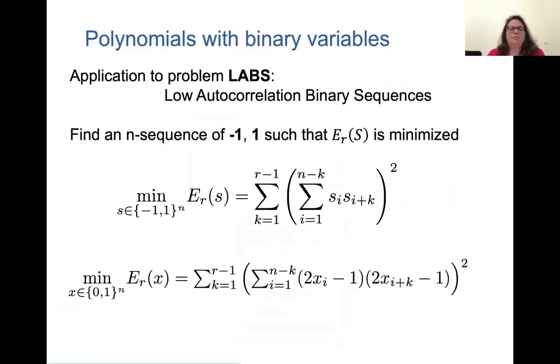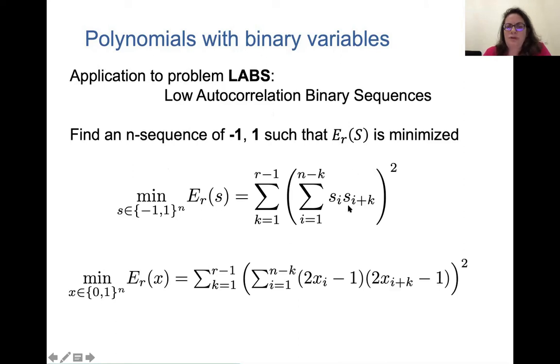So with very simple ideas from quadratic convex relaxation applied to polynomials, we applied it on this problem of low autocorrelation binary sequences, where the problem is to find the sequence of n digits equal to -1 or +1, such that this quadratic function is minimized.